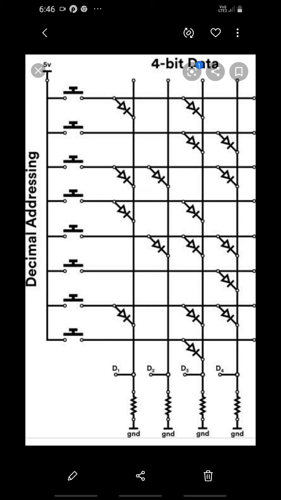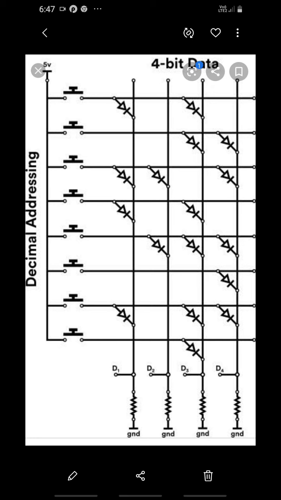And next take the third switch. So that means R3. Here D1 is connected, D2 is not connected, D3 is connected, D4 is not connected. So that means 1 0 1 0.